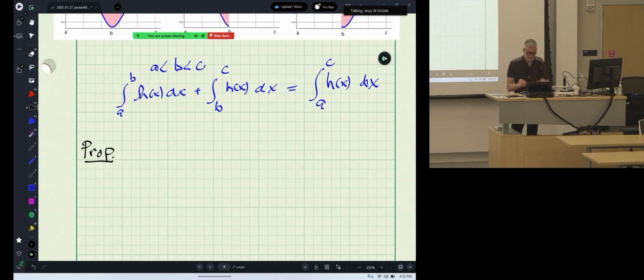The next result is proven in the end of chapter 3, and it's kind of obvious, but it requires interesting properties of limits.